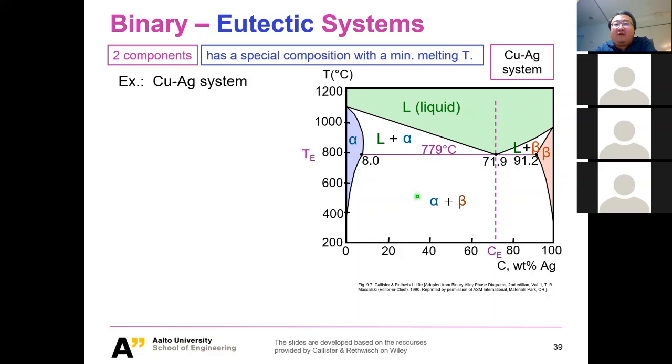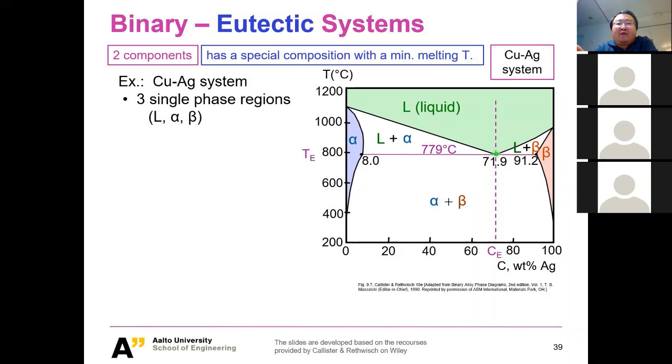But in between, they don't dissolve within each other. So you don't form a uniform solid solution anymore. Instead, you will always have alpha and beta mixed with each other, and that is a mixture phase. Due to this, you also get a minimum melting point, which is this eutectic.